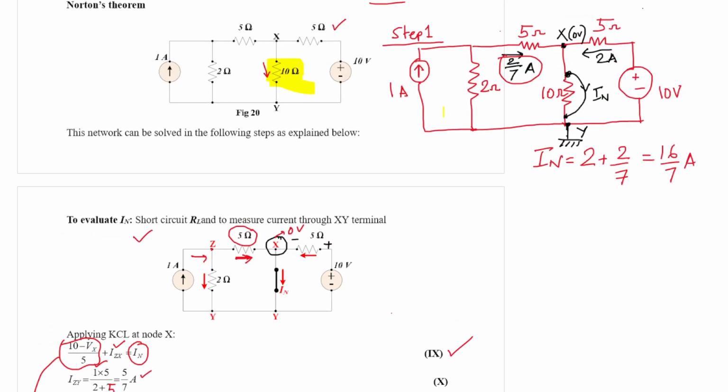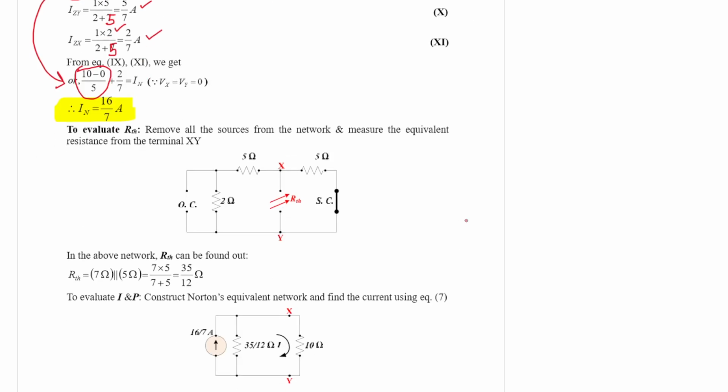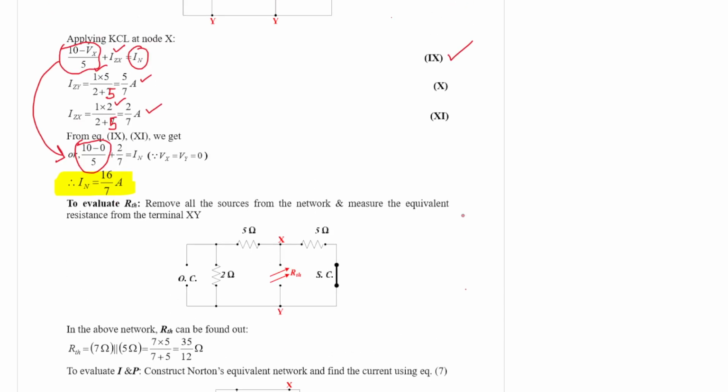Now, in order to calculate RTH, let me draw the circuit again. So we have a 5 ohm resistor, then 2 ohm resistor, then we had a current source, then we have a 5 ohm.